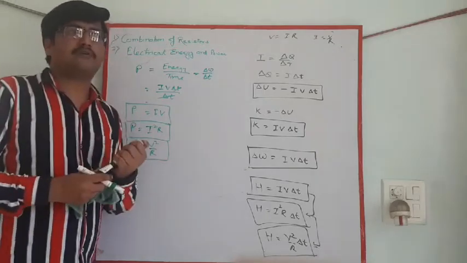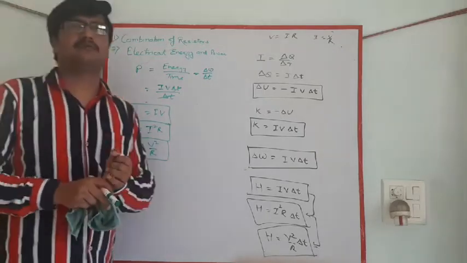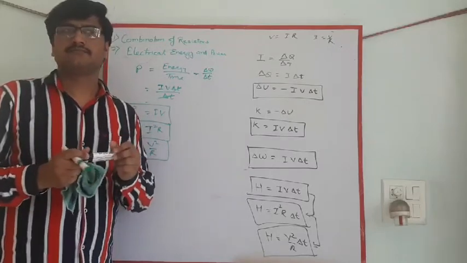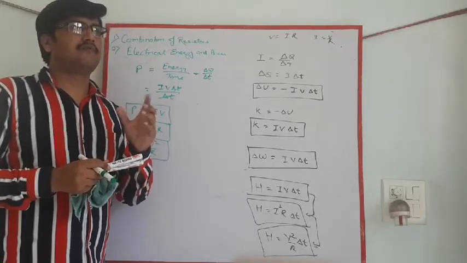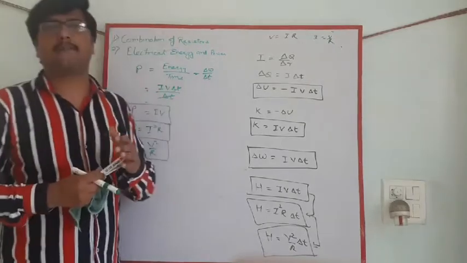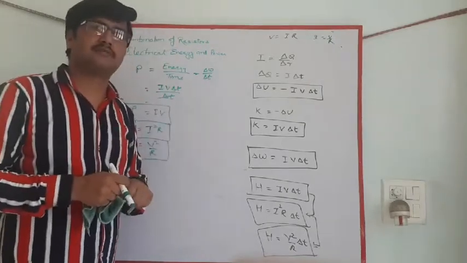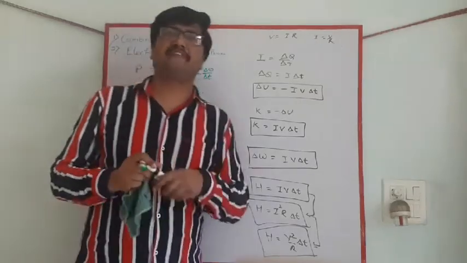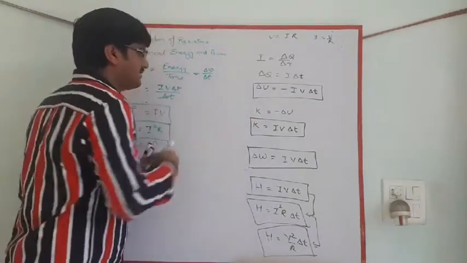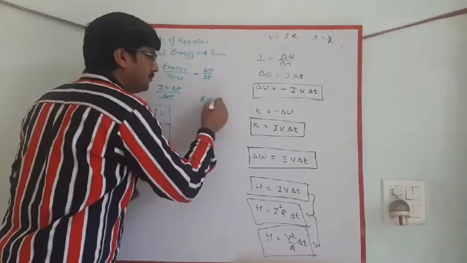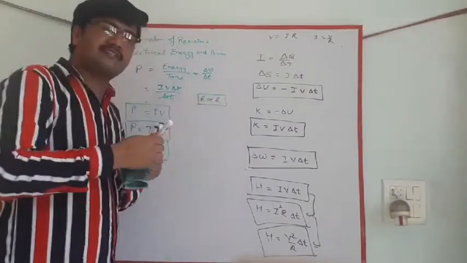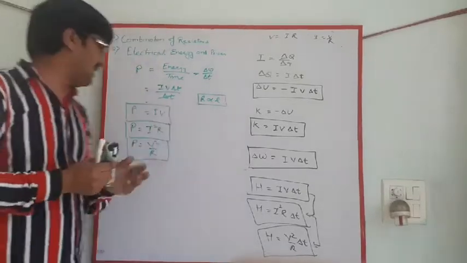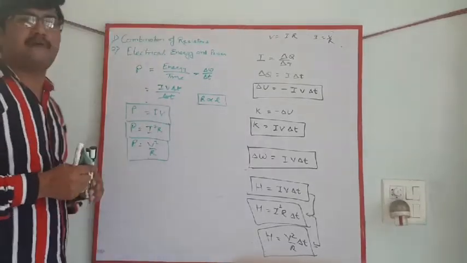One of the important concepts here, somebody can ask, is that while transmitting power to a long distance, we use cable and we know that R is directly proportional to L. When we go to a long distance, the resistance increases a lot, and when the resistance increases, the power dissipation, the power loss increases.